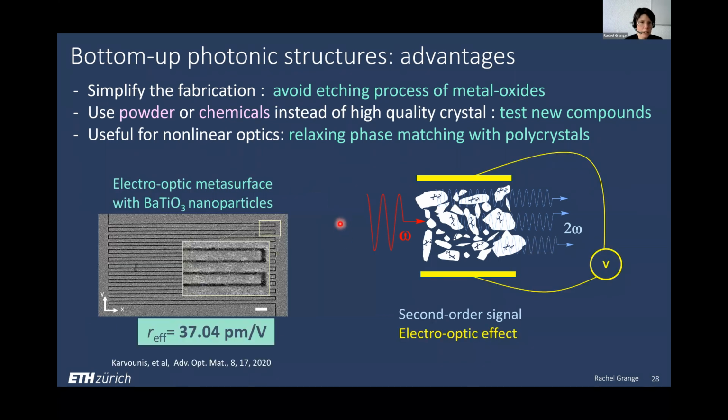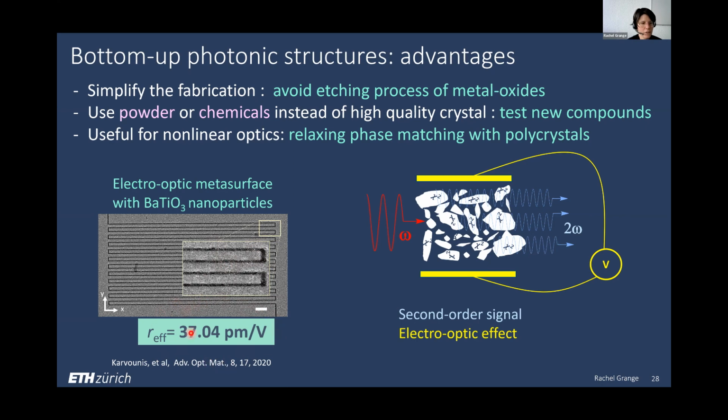Second harmonic generation. We are also asking ourselves what happens to the electro-optic effect. So if you apply voltage to this kind of structure, a structure that you did not orient yet. Here we just spin-coated particles on top of a structure that had plasmonic resonances. And those spin-coated particles between those electrodes showed really strong electro-optic responses.